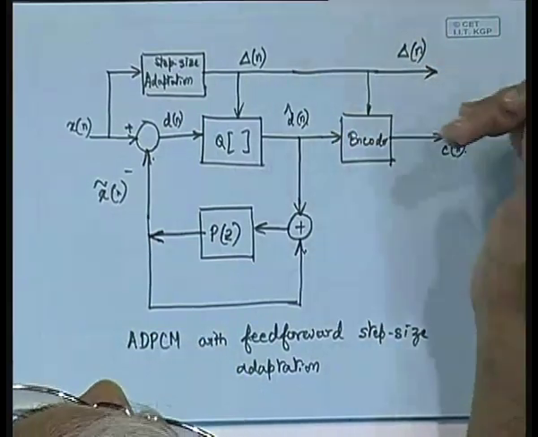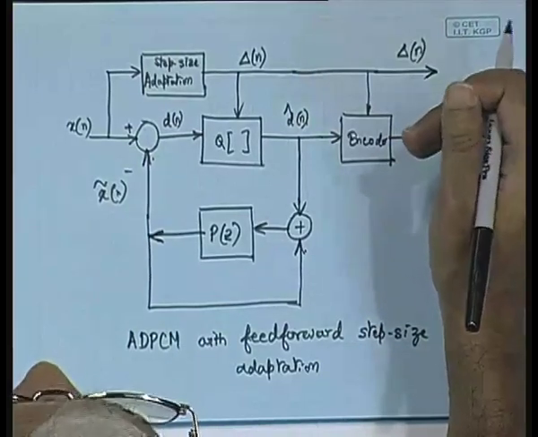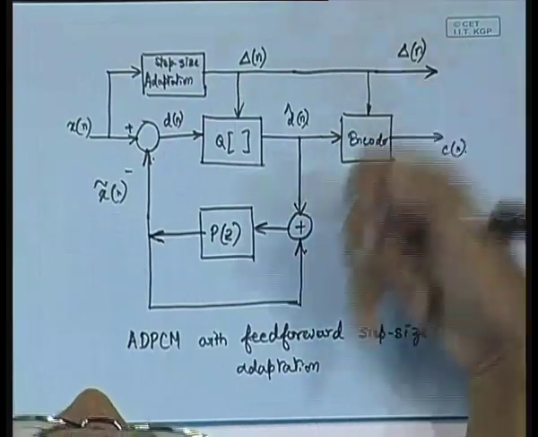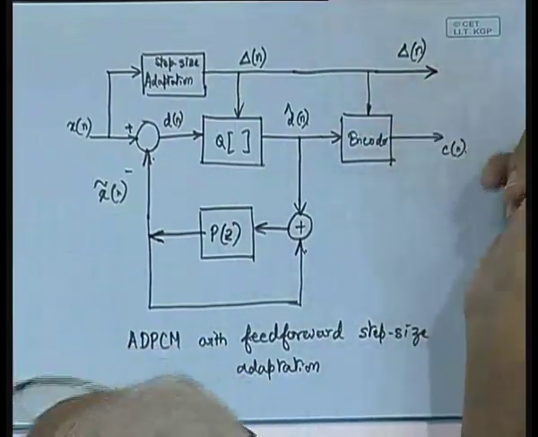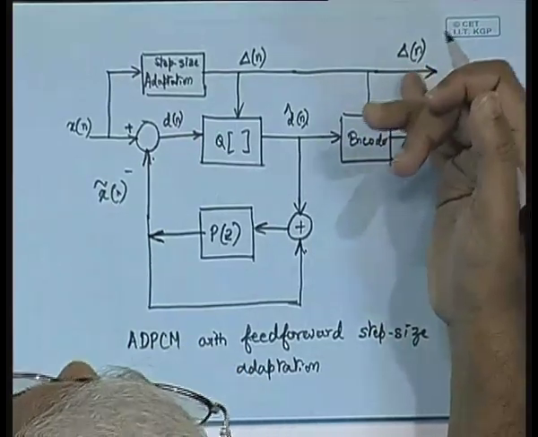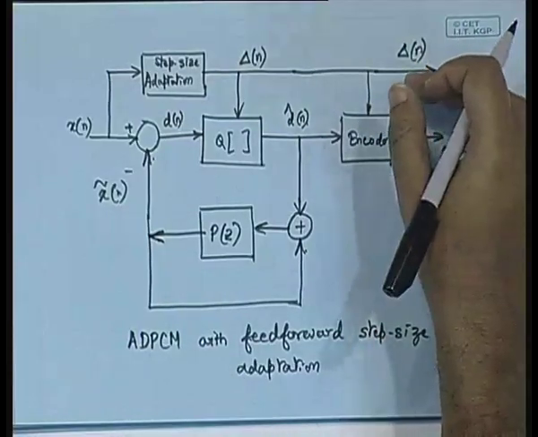So, that is why when this delta n is transmitted through the channel, we should transmit it with better error protection as compared to C of n, because delta n happens to be more sensitive information as compared to C of n, and in that case, even in the presence of high error rates, one can have good performance if one just encapsulates this delta n with a better error protection mechanism.